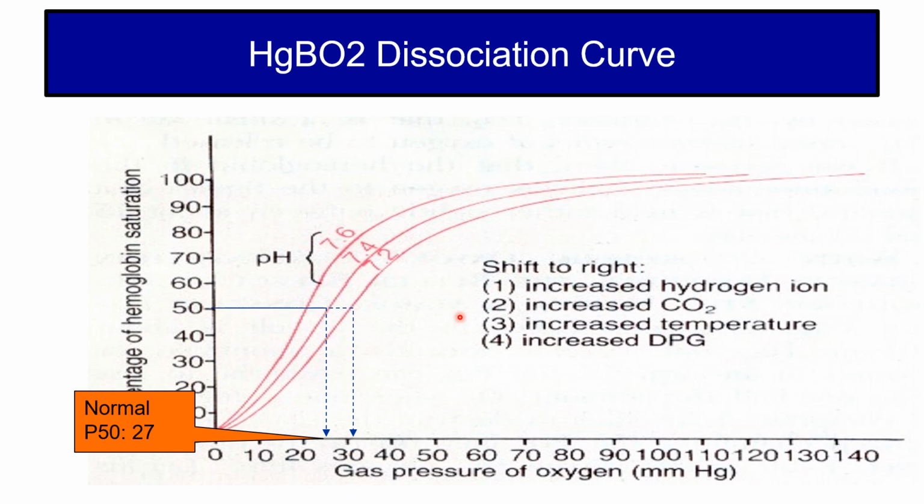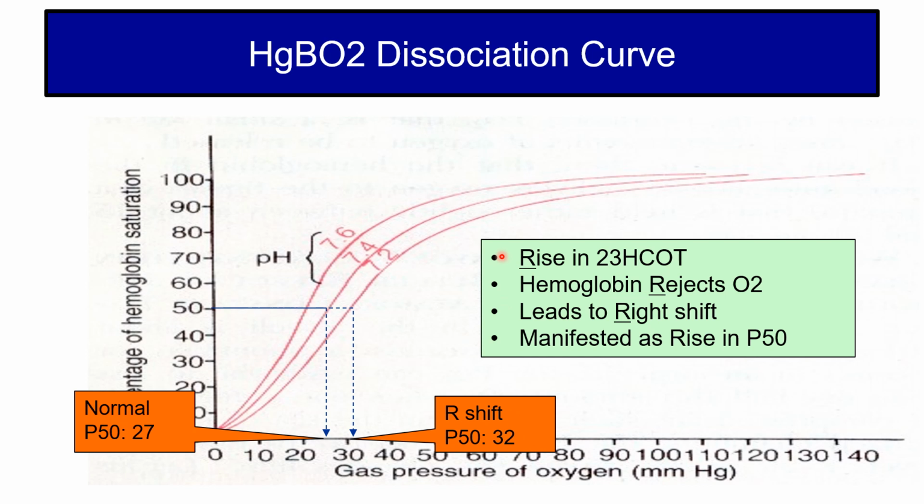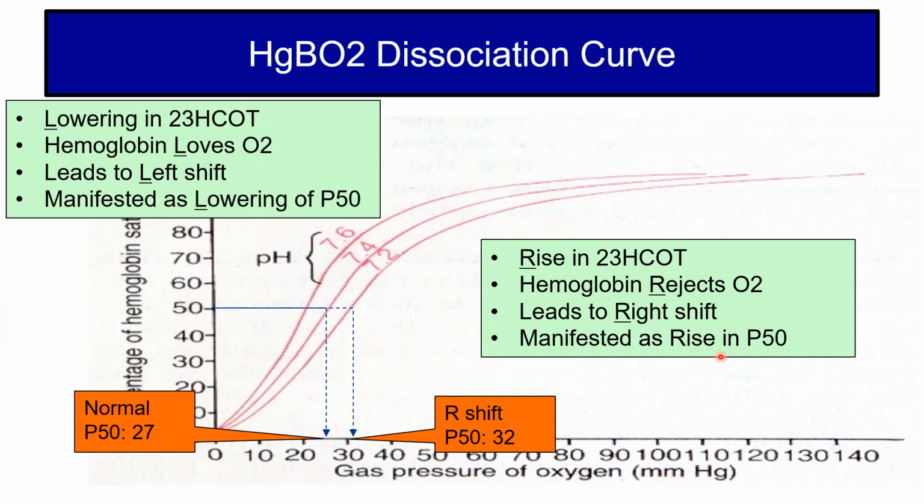When it is shifted to the right, we can see that the P50 increases from 27 up to 32. So a rise in 2,3-DPG, hydrogen, carbon dioxide, and temperature is going to cause hemoglobin to reject oxygen. It is going to lead to a right shift of the curve, and this is manifested as a rise in your P50.